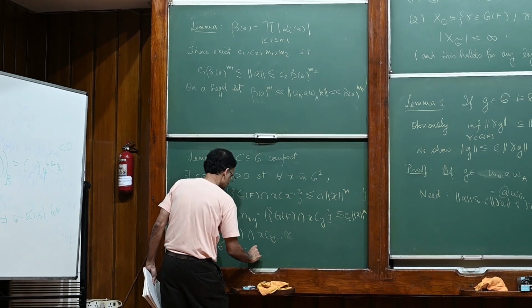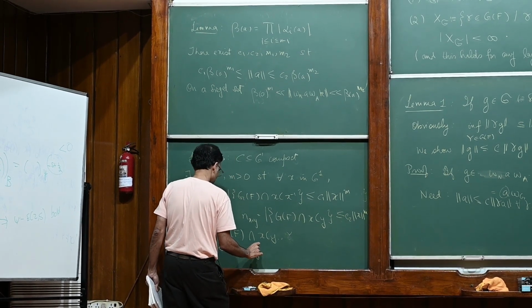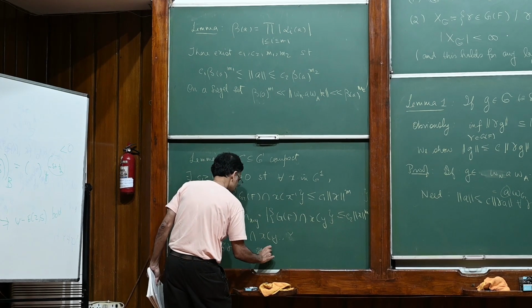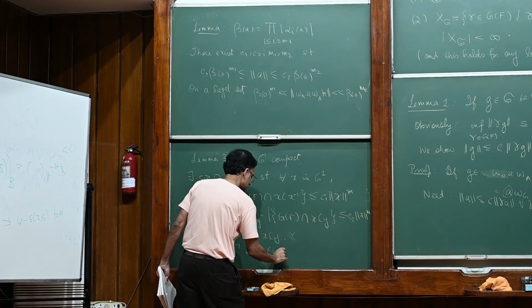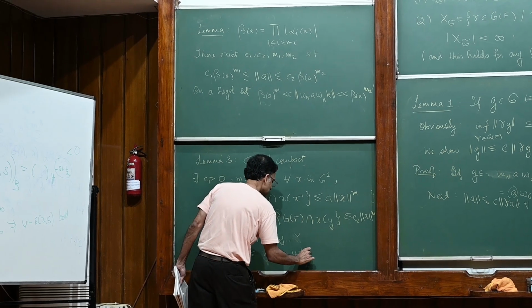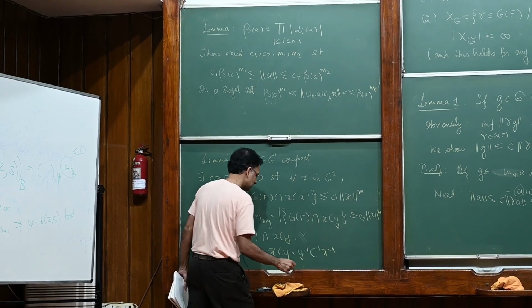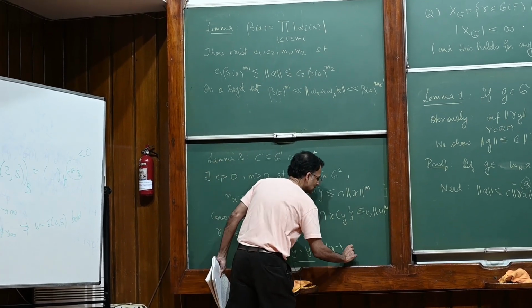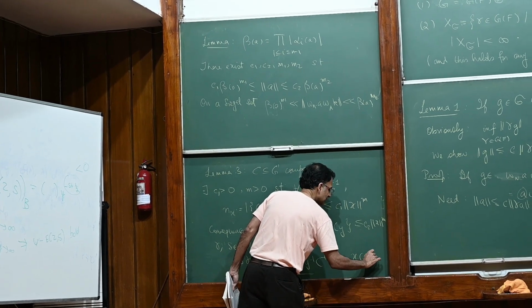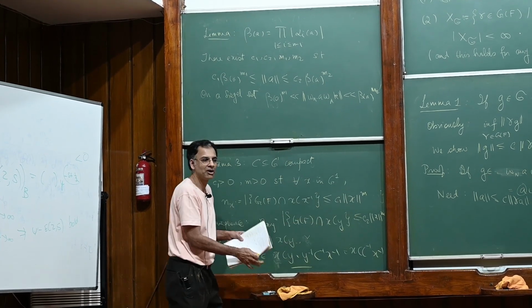That lies in xCy times y inverse C inverse x inverse. So these two things cancel, so I'm just left with xC inverse x inverse.